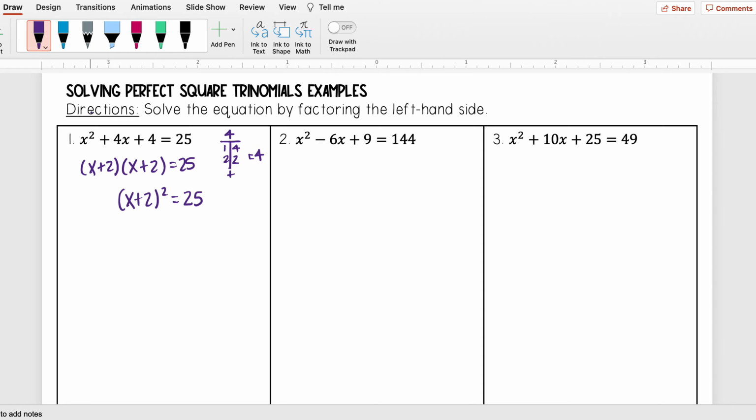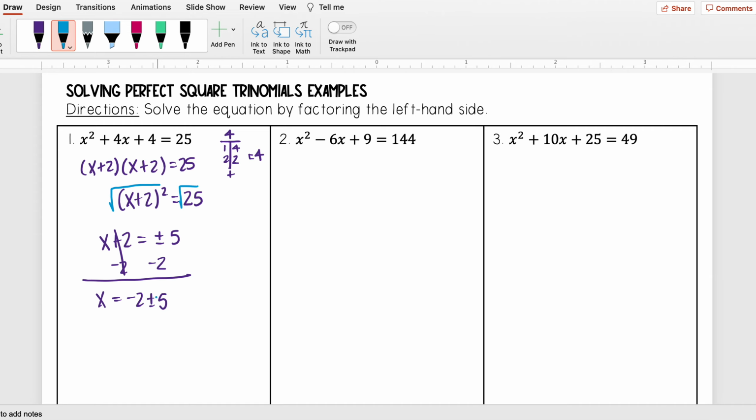And now this looks like one of our square root problems that we did before. To get rid of this square, I just need to take the square root on both sides. And so I get x plus 2 is equal to plus or minus 5. And then I'll subtract 2 from both sides. And so I get that x is equal to negative 2 plus or minus 5.